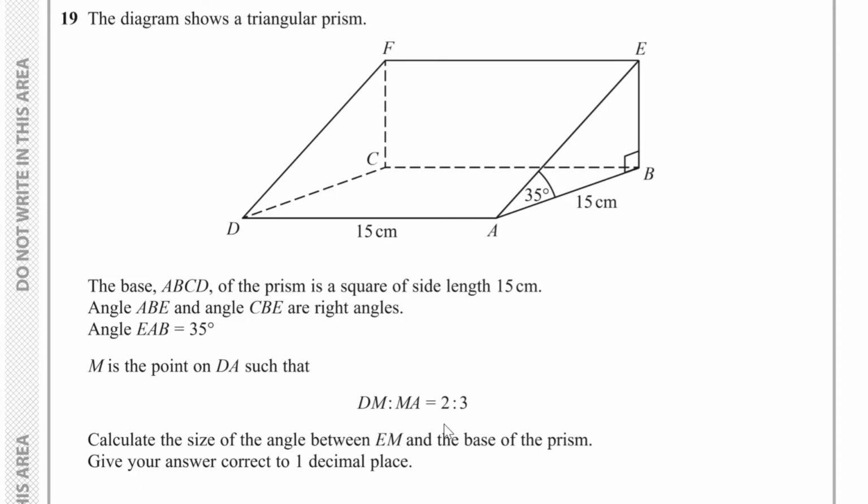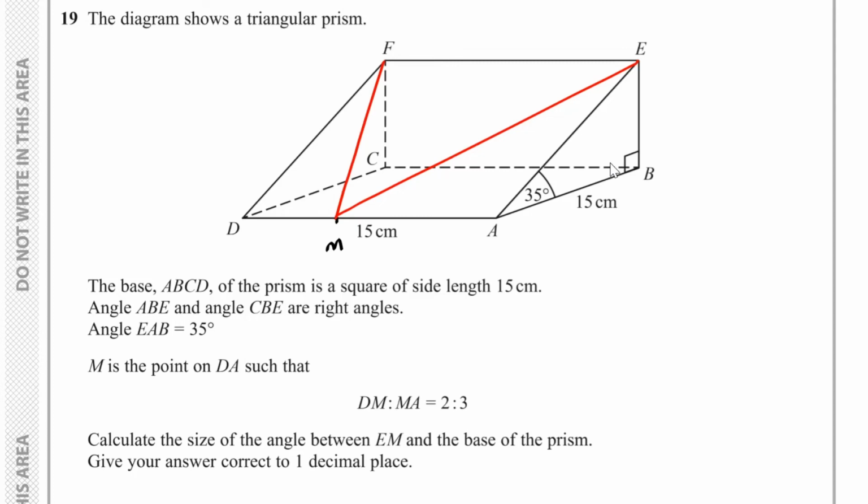So what's this question asking for? Well, M is a point on DA such that the ratio DM to MA is 2 to 3. So what does this mean? It means that somewhere over here we've got the point M. And in this question, the angle we're looking for is somewhere over here.